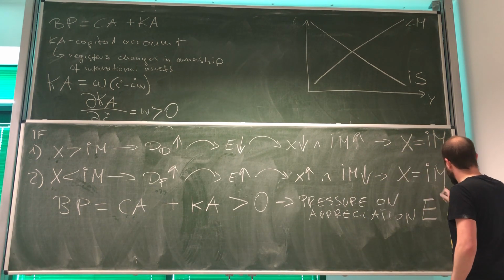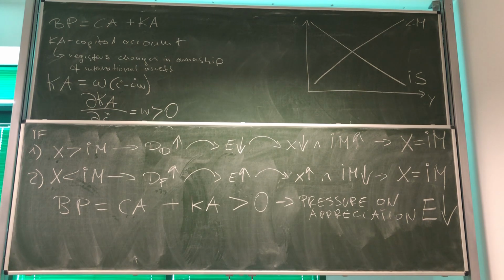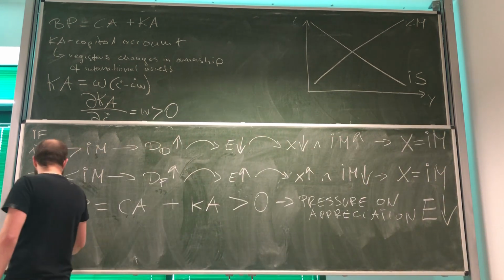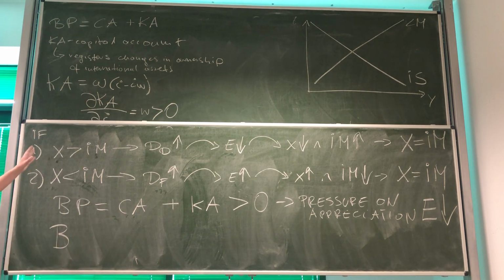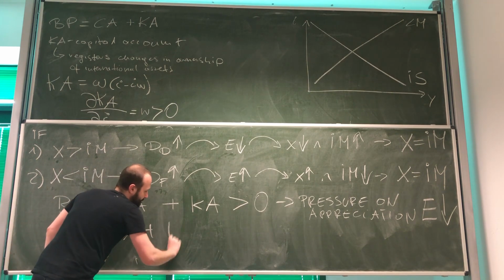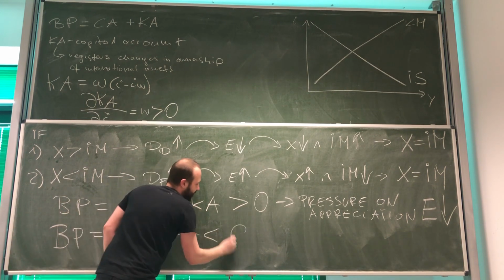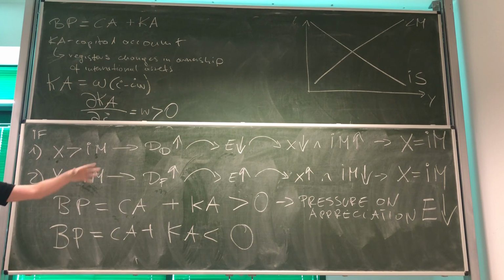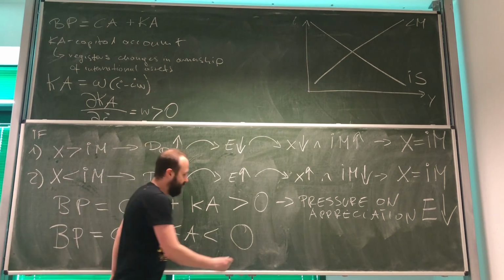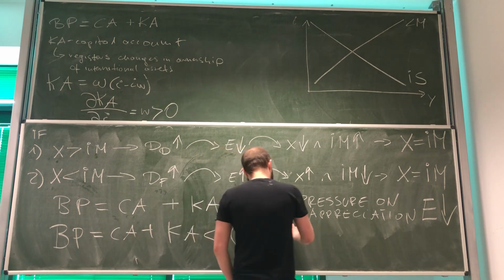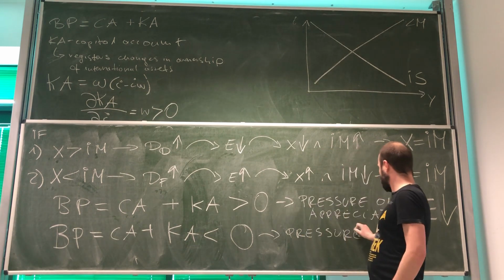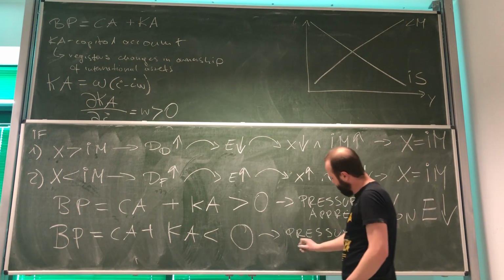So E goes down. However, if the sum of the pressures from the current and capital account happens to be negative, it means that we need more foreign currency than foreigners need of our currency, which results in pressure on depreciation.